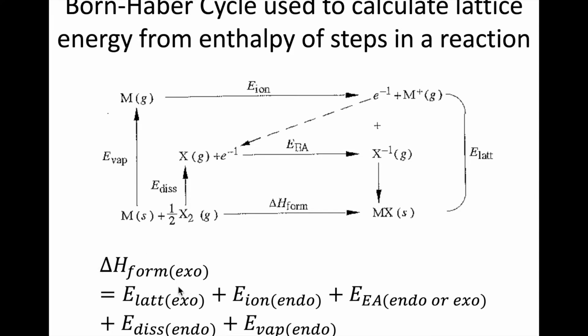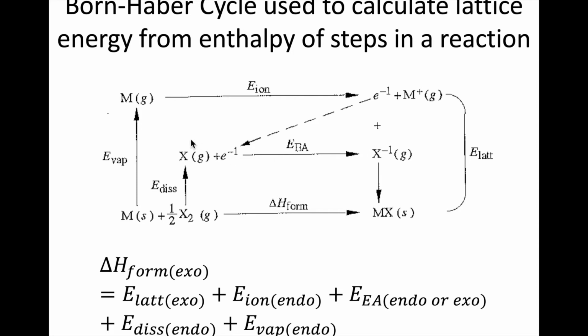So we can write it as the enthalpy of formation, which is going to be exothermic, is equal to the sum of all of these other energies. The lattice energy, which is exothermic, the ionization energy, so this is again metal to metal ion, and the electron affinity, which can be either endothermic or exothermic.